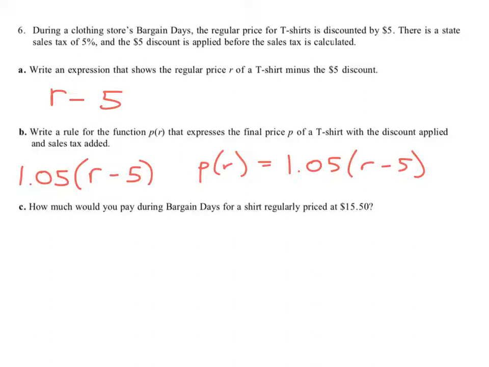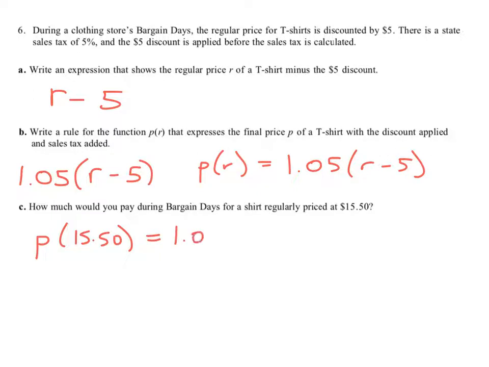Okay, and then how much would you pay during bargain days for a shirt regularly priced at $15.50? So then we would say, instead of P of R, some random price for the shirt, we would say P of $15.50 because that is the price. Okay, and how would we write that then?